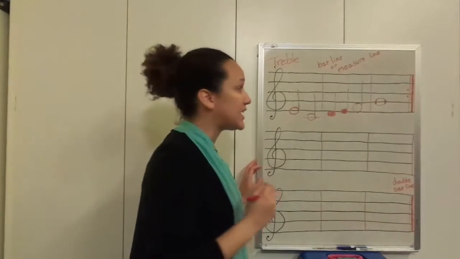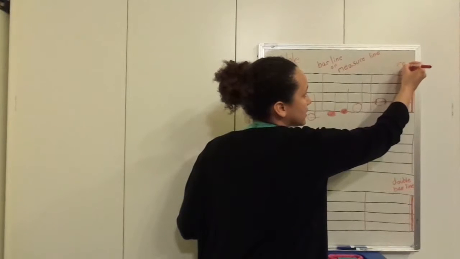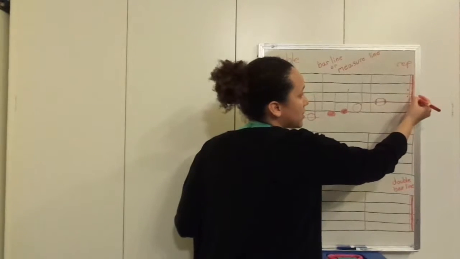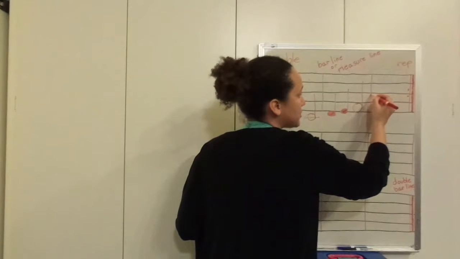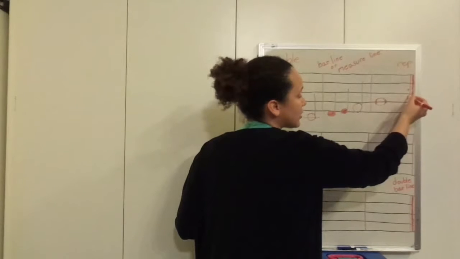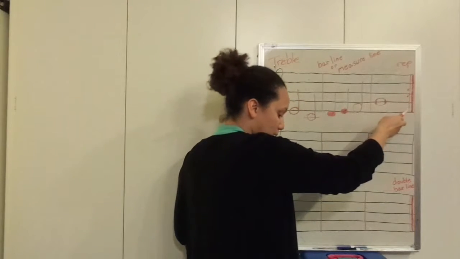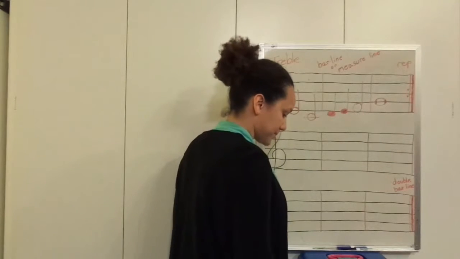Next, if you want a repeat sign, then you have two lines. I don't have enough room, but you have two lines, a thick line and a thin line. A thin line would be as thin as the regular bar line, and then two dots in the center. And that means go back to the start and play it a second time.